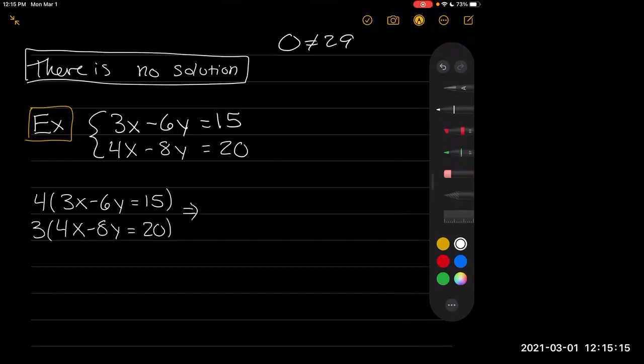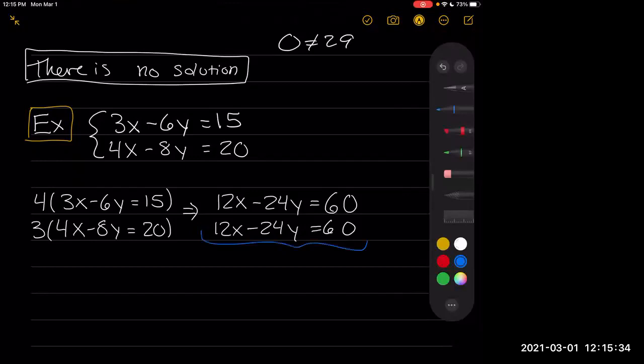And this will give us 12x minus 24y equals 60 and 12x minus 24y equals 60. Well, there we go. These are the exact same equations.